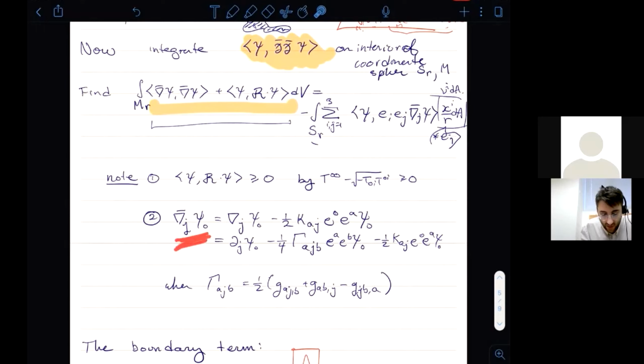So let's try to understand what nabla bar_j acting on psi naught is. Well, it should be 0, it's the first derivative. But then you remember we have Christoffel symbols, and that is basically all that we have in this covariant derivative.